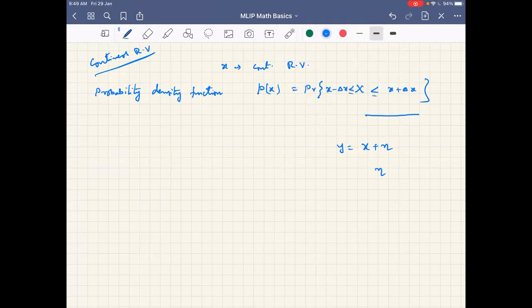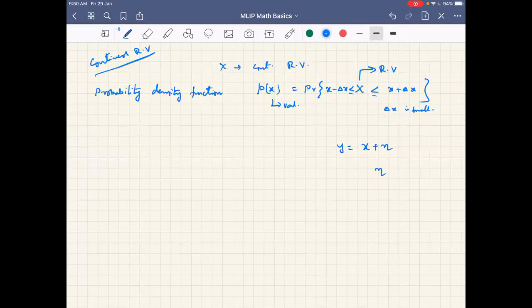This capital X is a random variable, and this small x is a particular value of the random variable. Is this clear? Yes.